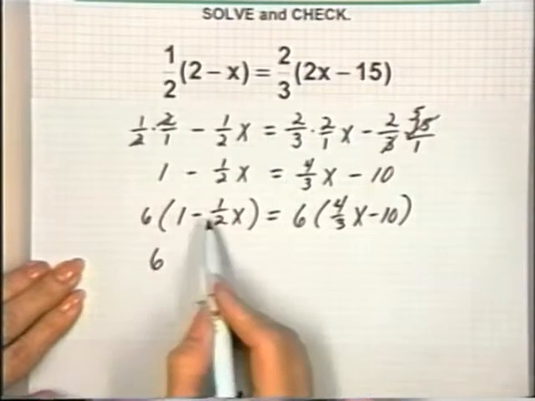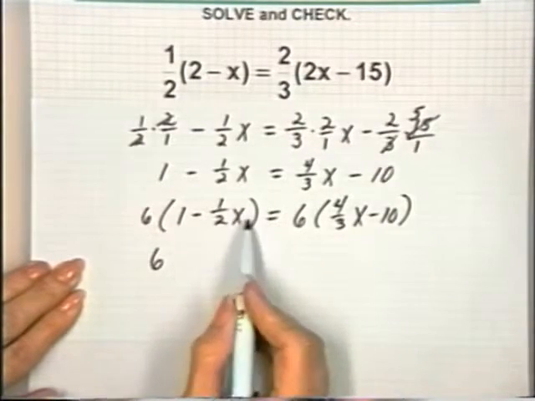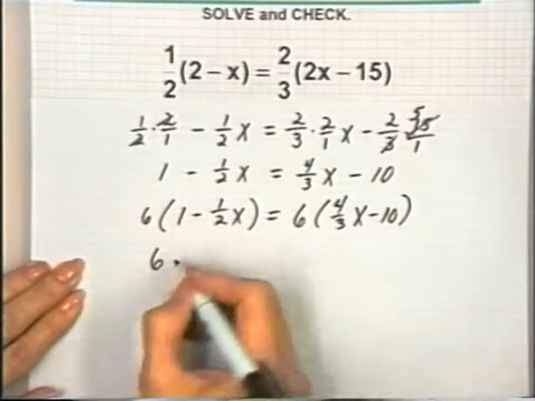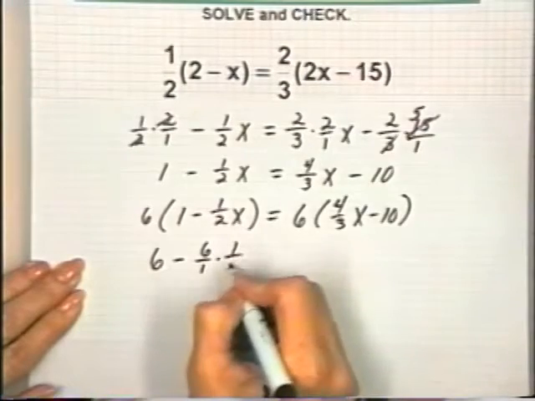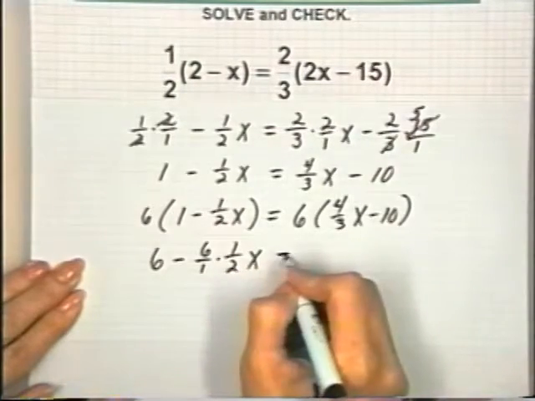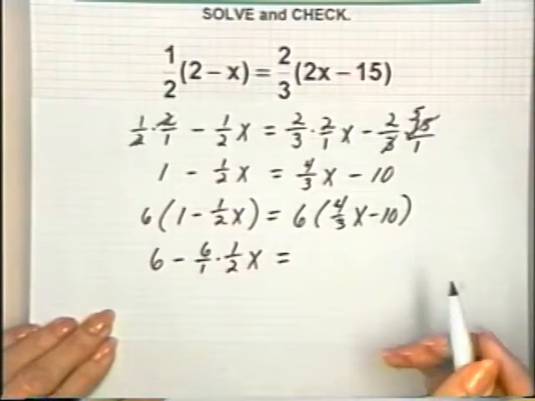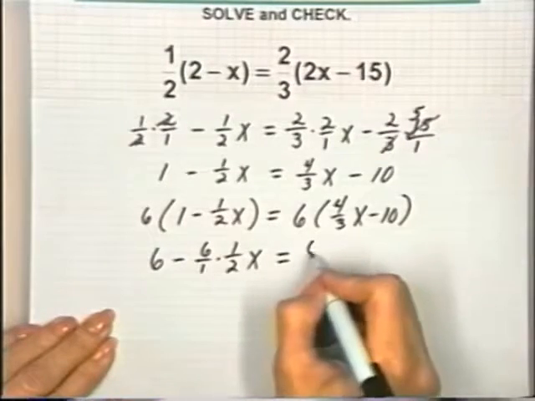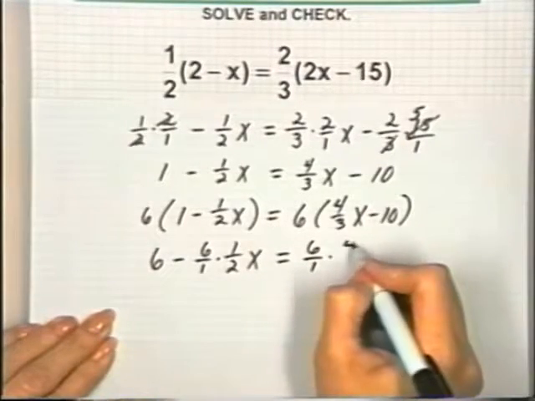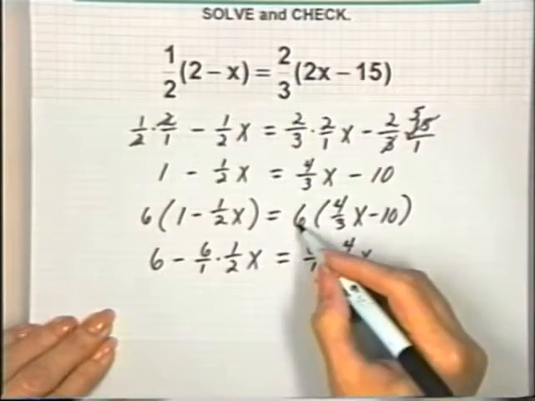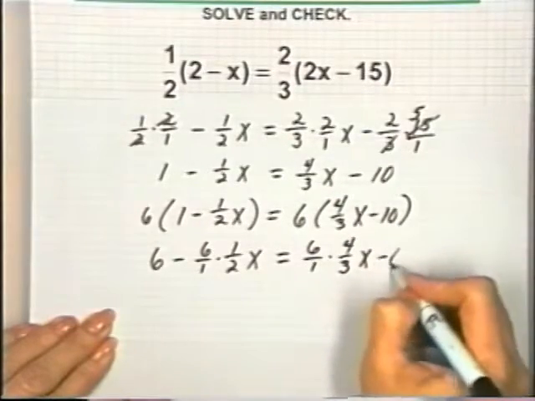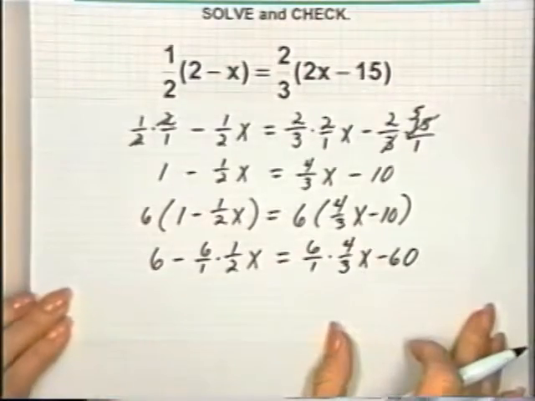When I say 6 times a negative 1/2 x, a positive times a negative is a negative. I will write 6 over 1 times 1/2 x equals, on the right side when I distribute the 6, 6 over 1 times 4 over 3 times x, and 6 times negative 10 is negative 60.